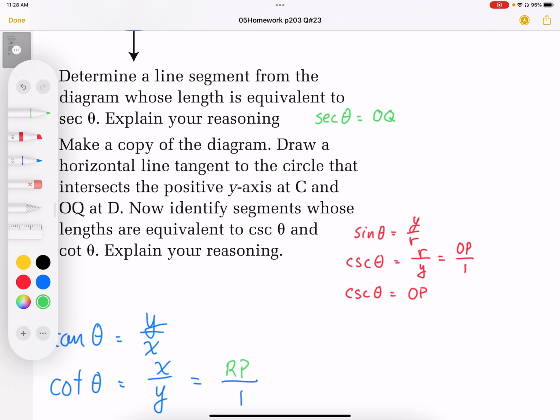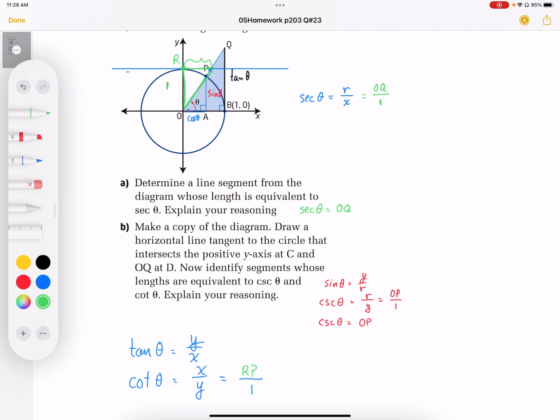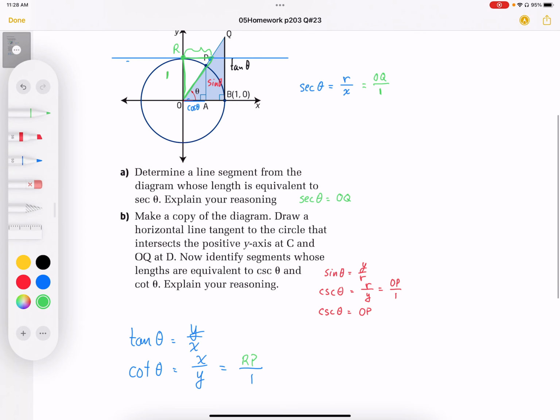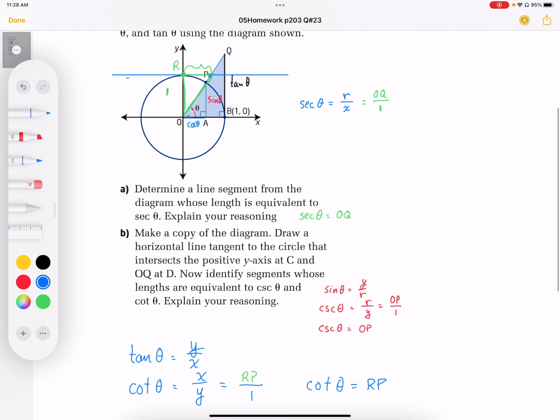R to P, and that means then that length R to P must be the cotan length. So we're going to say that cotan theta is going to be the distance from R to P, which is that one that I've highlighted here. I'll mark that a little bit darker, but that's the line we're looking at. The length of that line then represents the cotan of the angle theta when we have this theta position moving in this direction, identifying that point here.